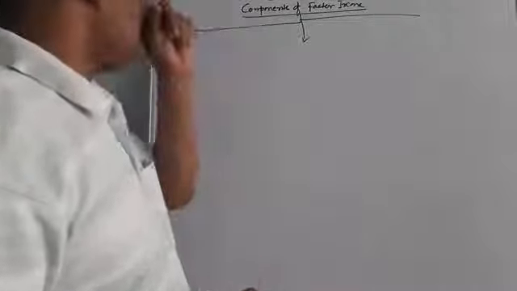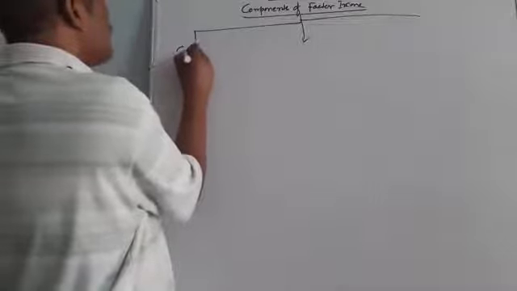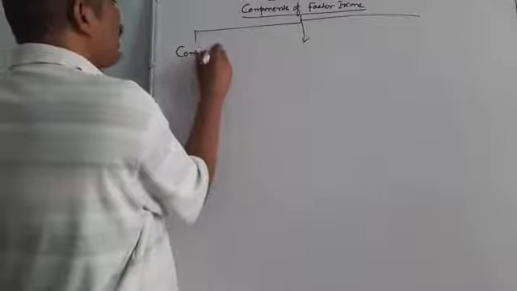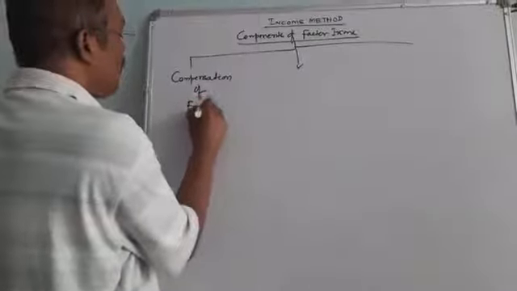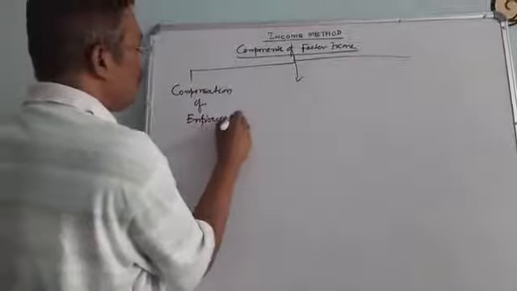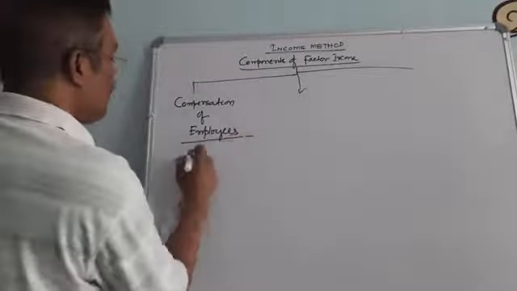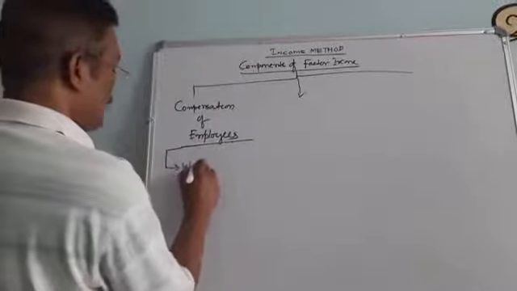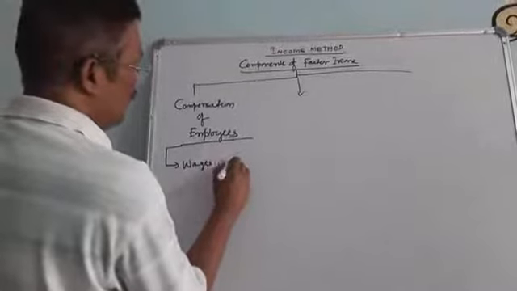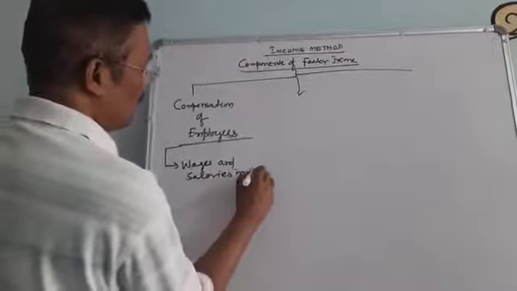Yes, we are discussing that income method, components of factor income. First one, we have already finished, compensation of employees. This compensation of employees, three parts we have already discussed. First is wages and salaries in cash.